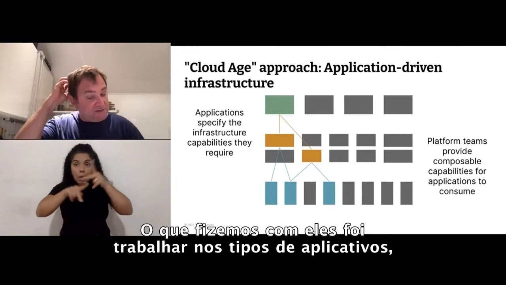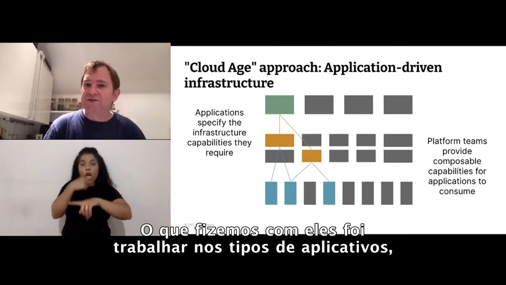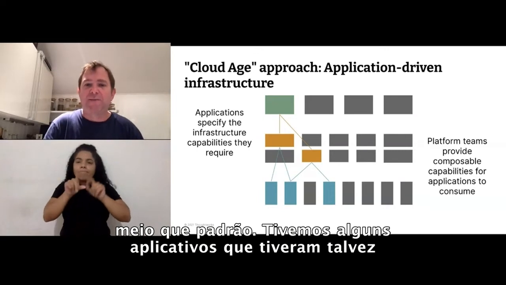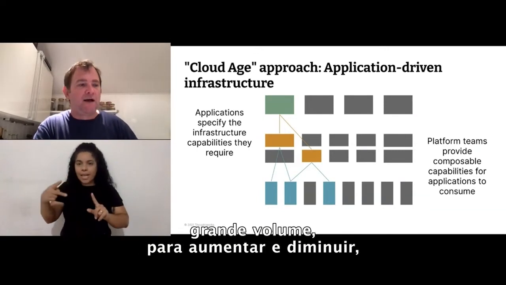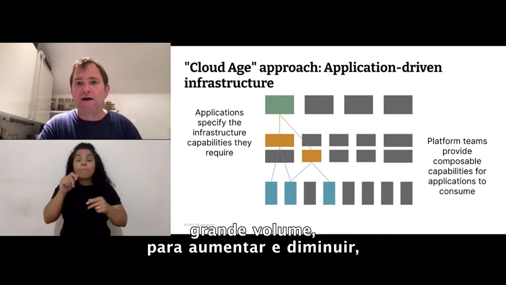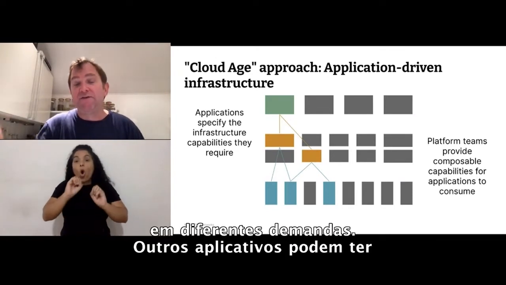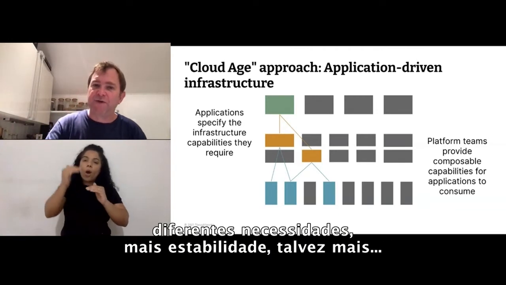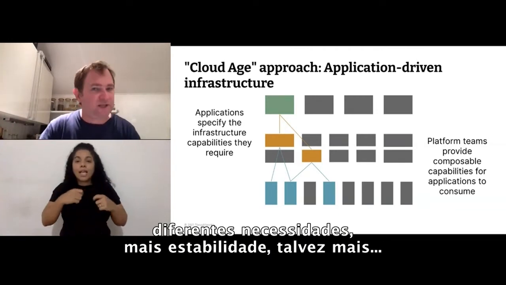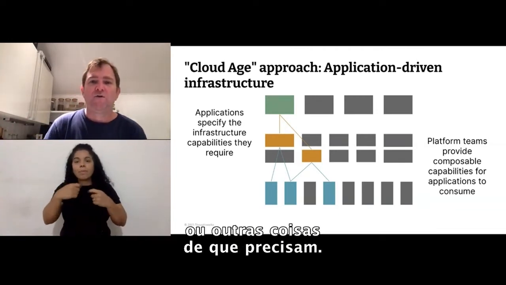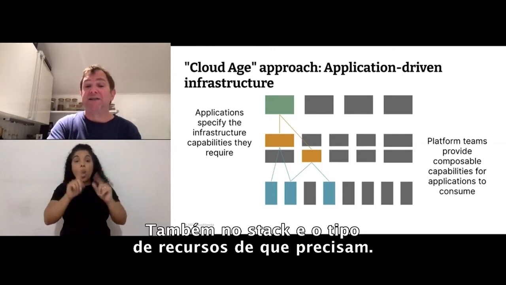What we did with them was work out the types of applications, the patterns. Some applications were high volume, needed to scale up and scale down, and had different demands for that, whereas other applications had different needs, such as more stability, or particular needs in the tech stack and capabilities.